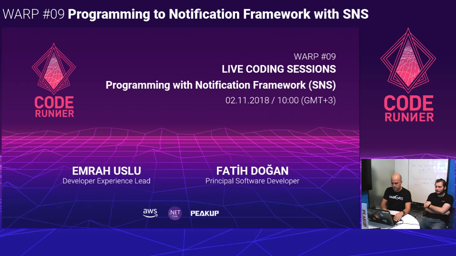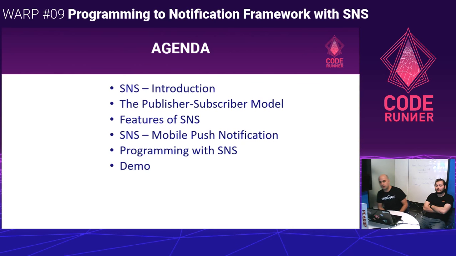And let's start with today's agenda. I'm gonna make a brief introduction to Simple Notification Service, and then talk about the publisher-subscriber model, which is used in Simple Notification Service in AWS.